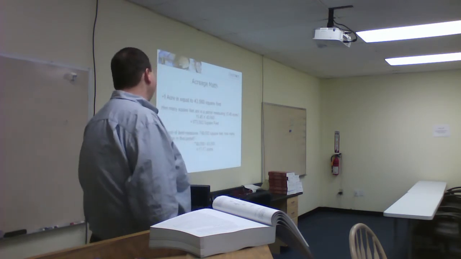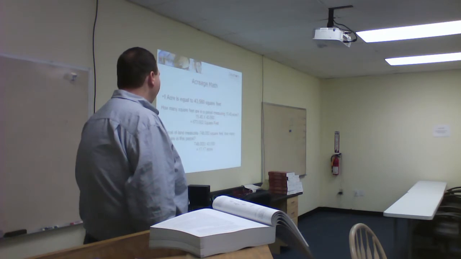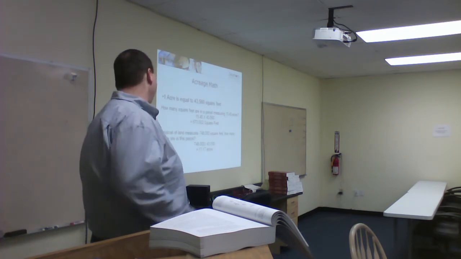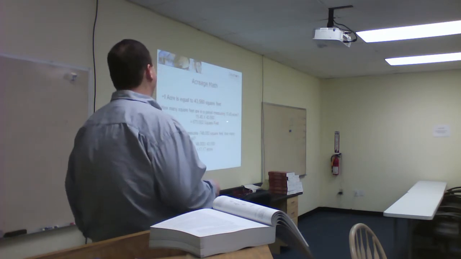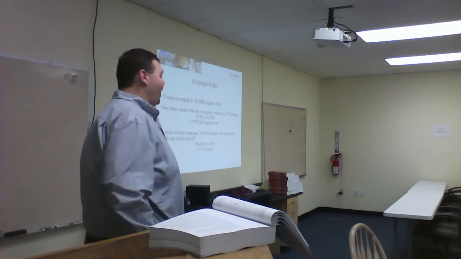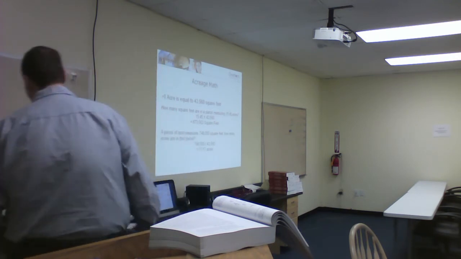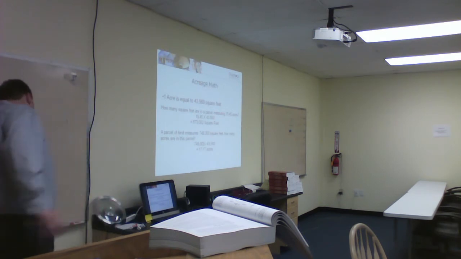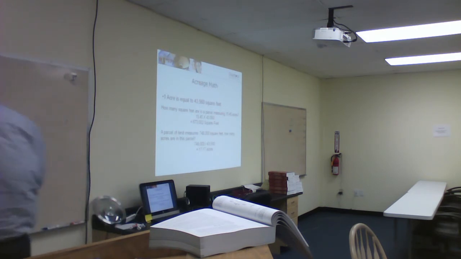This is a very simple example here. It said, how many square feet are in a parcel measuring 15.45 acres. So if you want to use T-bars, you can. You can always use T-bars to help with acreage math if that helps you remember, if you like formulas and that sort of thing.